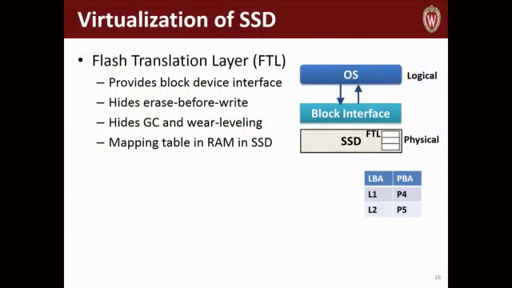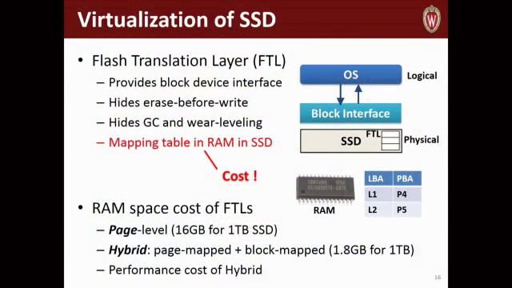It usually uses a mapping table to map from logical address to physical address. Such a mapping table is usually kept in the device RAM, which is costly in both money and energy. For example, for a 1 terabyte SSD, you need 16 GB just to store the mapping table if you map at 4 KB granularity.